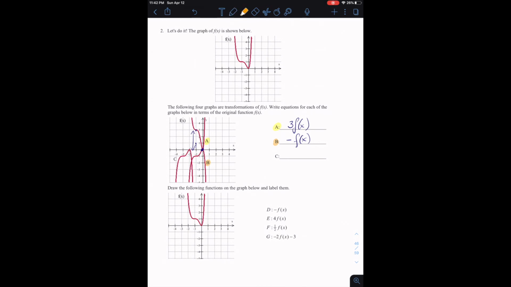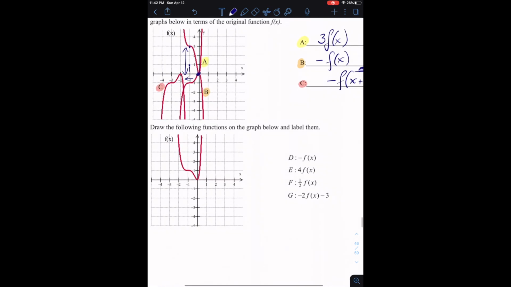And finally, C. Well, what happened to C? In C, we've shifted it left, which means that whenever x was 0, it now needs to be at -2. And also, we need to flip it, right? Because it's also now facing down. Everything that was positive is now negative. Okay.